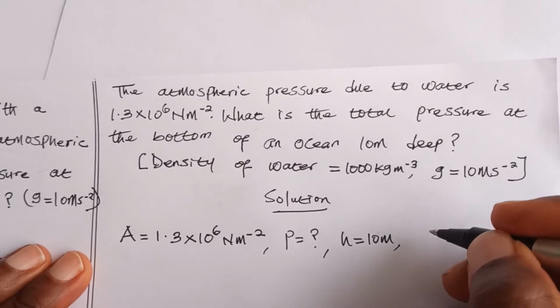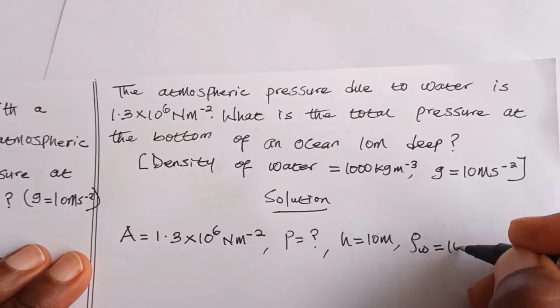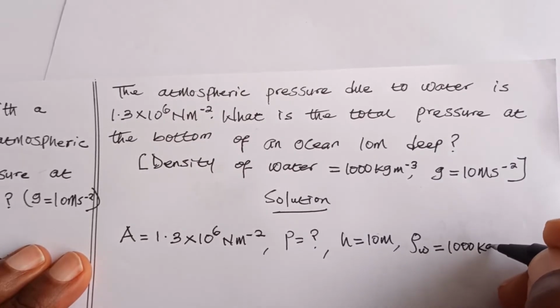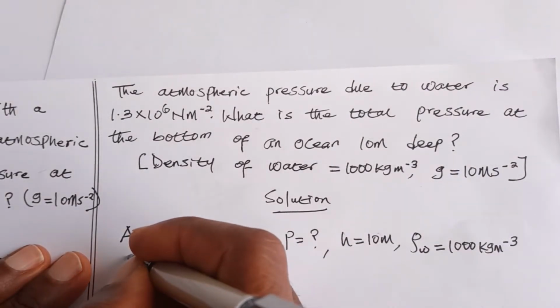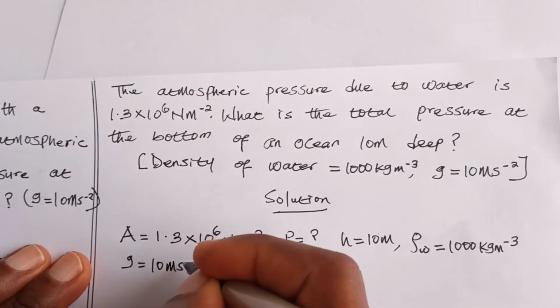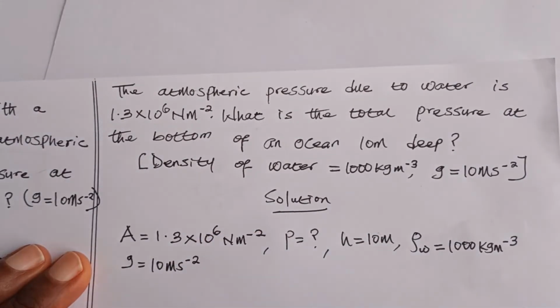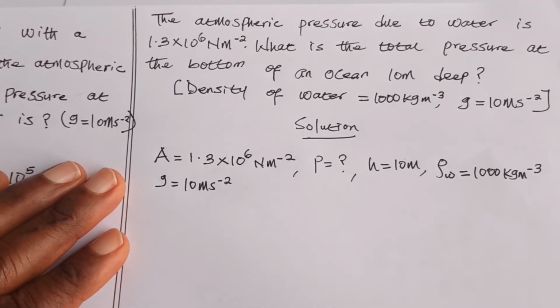And we also have our g, which is a constant also. That'll be 10 meter per second square. Now, with all these parameters that we have here, we can easily see that this is also very easy.